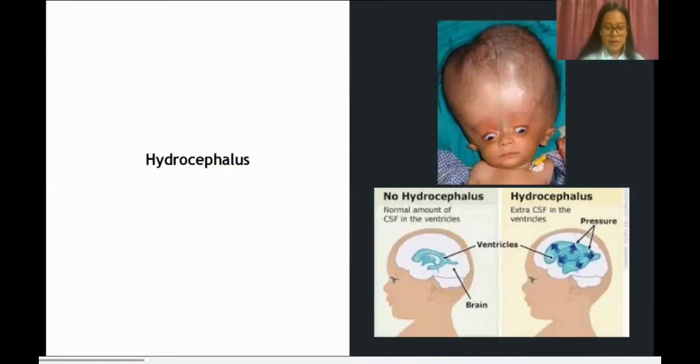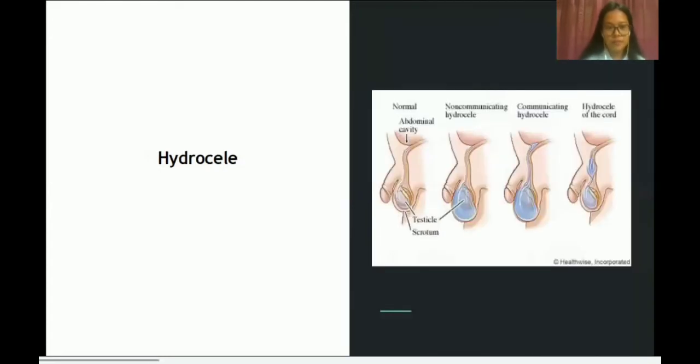Hydrocephalus is an abnormal buildup of fluid in the ventricles or the cavities deep within the brain. This excess fluid causes the ventricles to widen, putting pressure on the brain's tissues. And next we have hydrocele, and this refers to the local accumulation of fluid in the tunica vaginalis of the testicles.